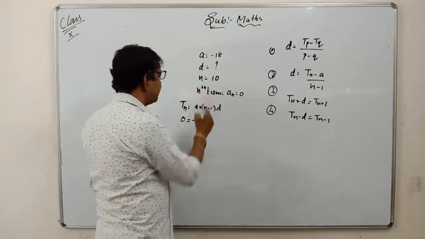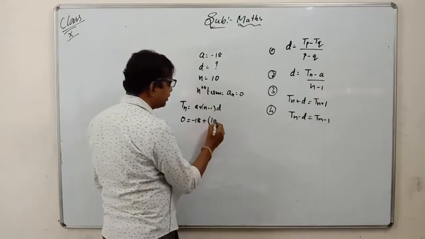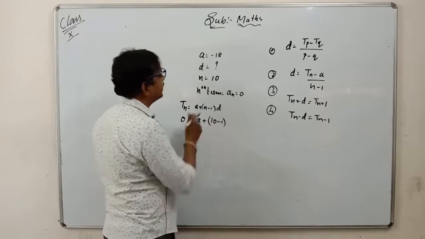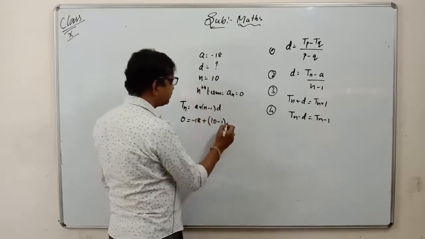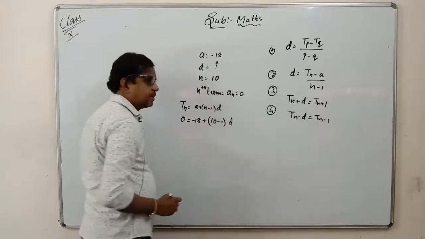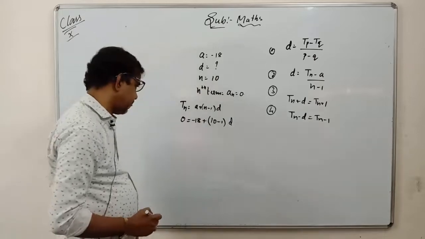What is n? N is given as 10, so 10 minus 1, and d we will keep as it is.